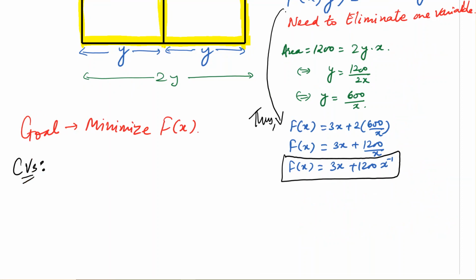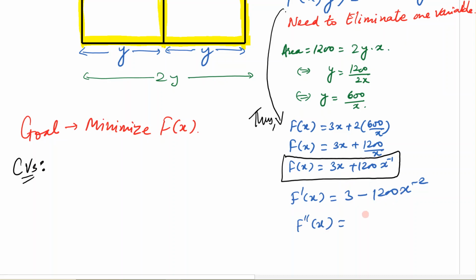For that, first we need to find the critical values. In order to find the critical values, we need to find our first and second derivatives so that we can use our tests. The first derivative in this case is going to be 3, and then bring the power down, which is -1, and reduce the power by 1. Also I'm going to find the second derivative.